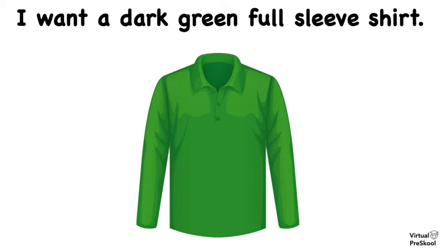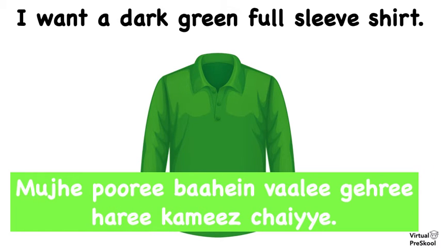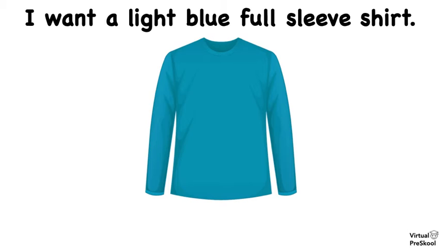Let's do another one. I want a dark green full sleeve shirt. Think about it and say your answer out loud before I show it to you. मुझे पूरी बाहें वाली गहरी हरी कमीज चाहिए. Another one.